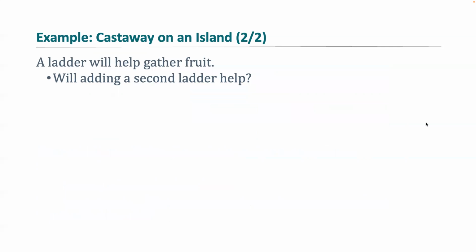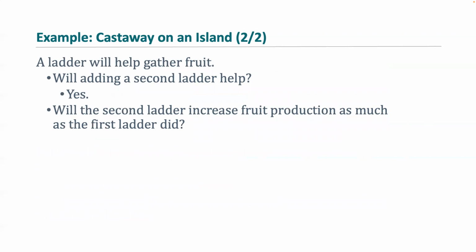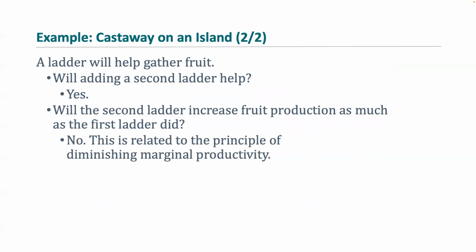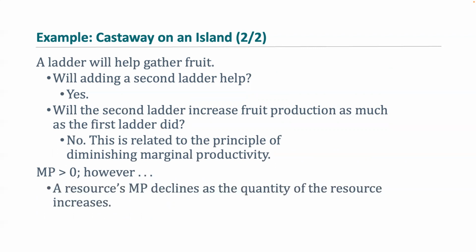The ladder helps with gathering fruit, and adding the second ladder did in fact help, but it's not going to increase the production as much as the first ladder did because of that principle of diminishing marginal productivity. The marginal product of that additional ladder is greater than 0, but the overall MP does decline as the quantity of that resource, or the number of ladders, increases. So Chuck is still just one person, regardless of how many ladders he has. Eventually those ladders aren't going to make a difference for him.